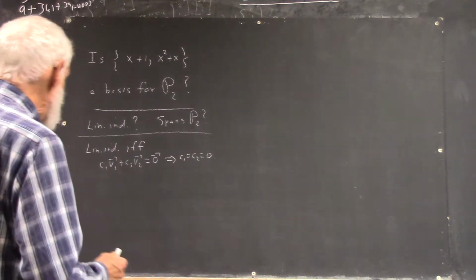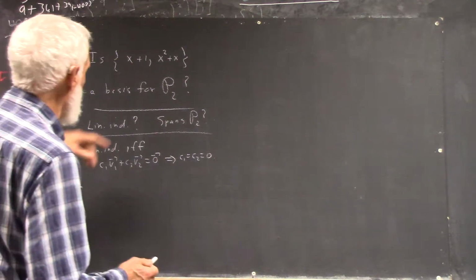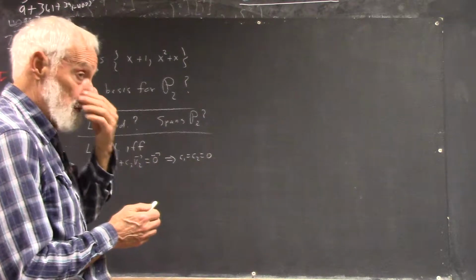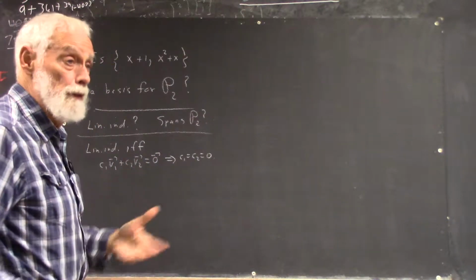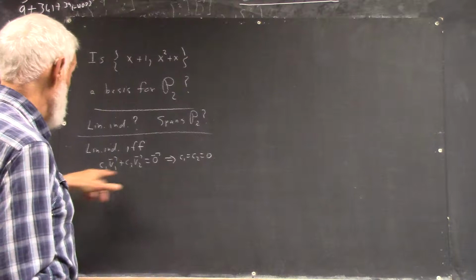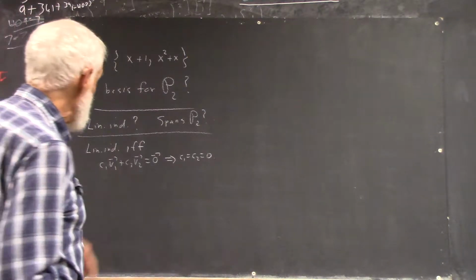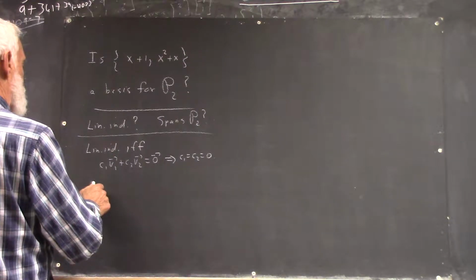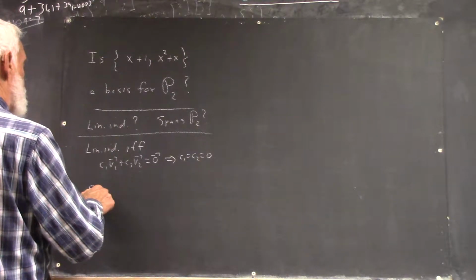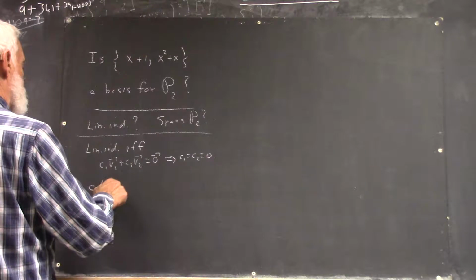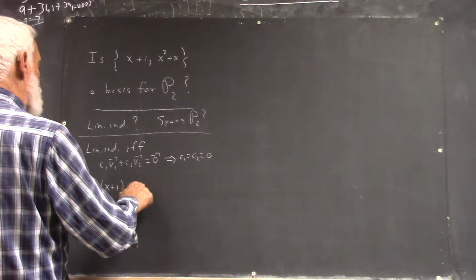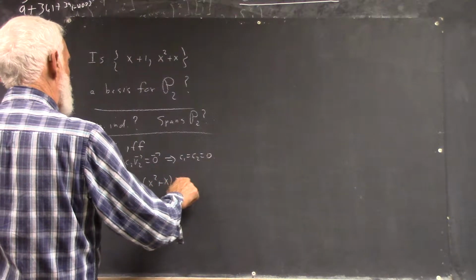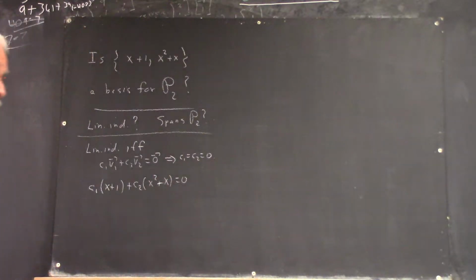Okay? Now you said, well, this is a multiple of that. Well, it isn't, but if it was a multiple, then that would prove it's not linearly independent because it proves this. Okay, well, anyhow, this is the same as C1 times x plus 1 plus C2 times x squared plus x equals 0.